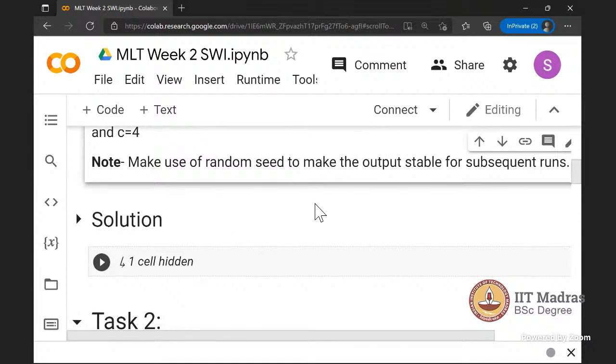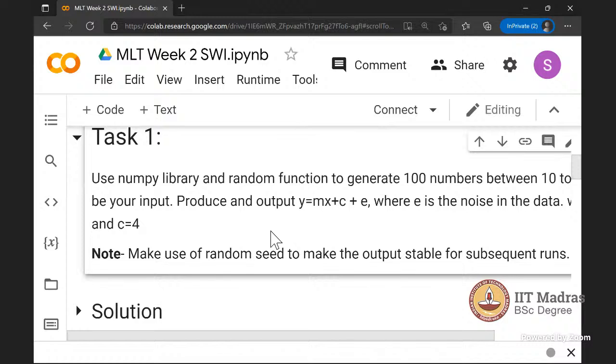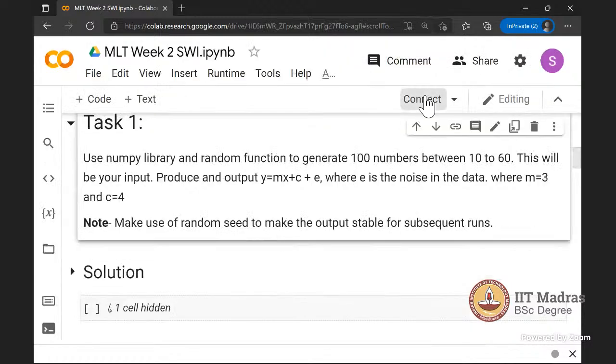You are supposed to use NumPy, as it's something that we will be using quite often. How many numbers between 10 and 60? 100 numbers. Thank you. As soon as you are done, you can paste your code inside the chat box, so I can copy it and see how it works.